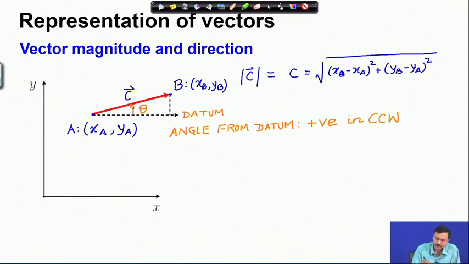So, here I have shown an arrow. So, from the datum I am measuring theta as positive in the counterclockwise direction.